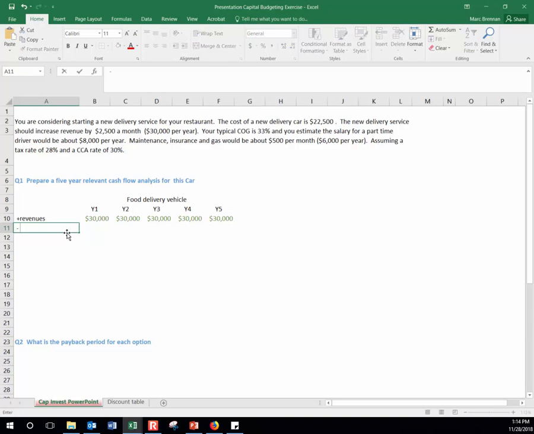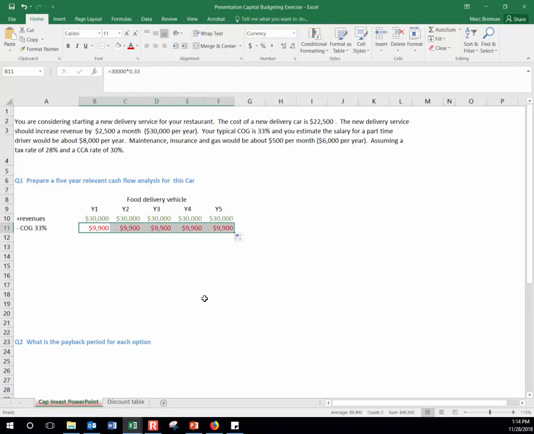So 33% of those revenues is going to go towards food and beverage, because if we're increasing our revenues, our costs are naturally going to go up. So we find 30,000 times our cost of goods, 33%, which is 9,900, and since our revenues don't change from year to year, we can just copy that over.